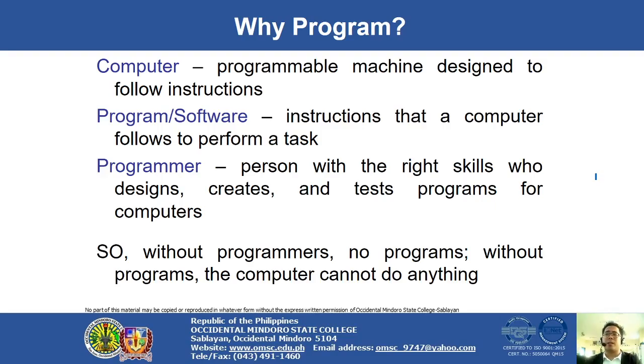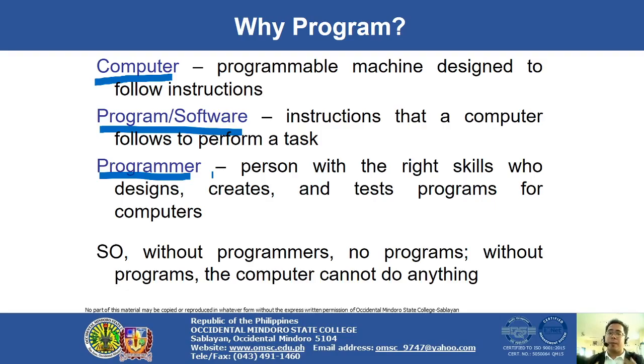So why is it called a program? We have three terms here. We have the computer, we have the program software, and we have the programmer. Okay, let us start with the programmer. The programmer is the person with the right skills who designs, creates, and tests programs for computers.